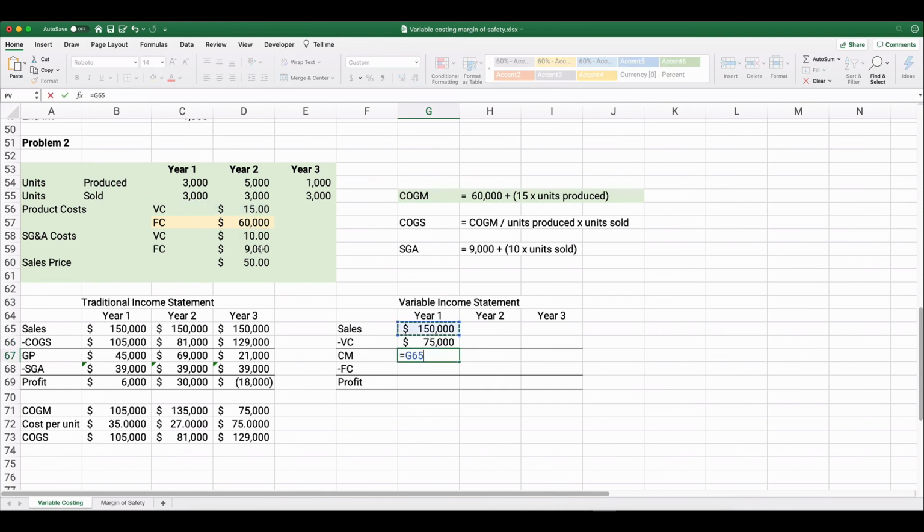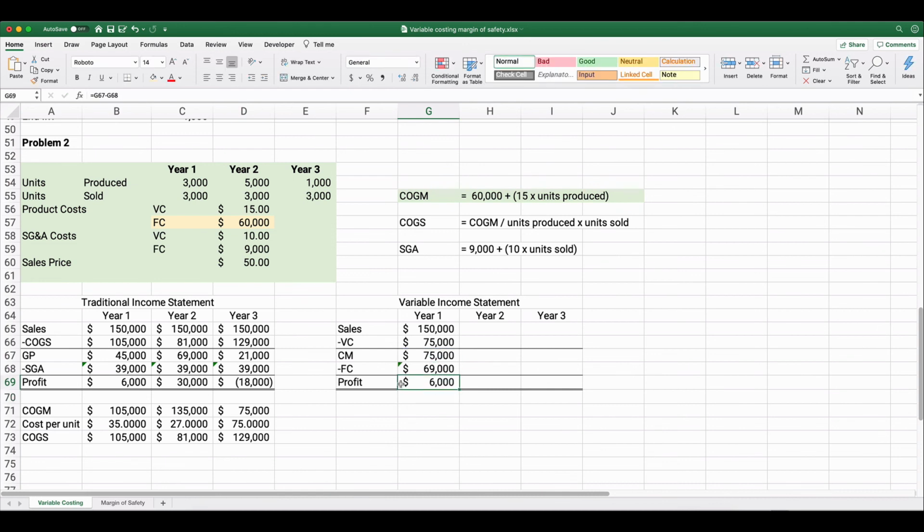Our contribution margin will be 150 minus 75, which is 75. Our fixed cost is just simply going to be the 60,000 plus the 9,000. So that's 69,000, and then we'll take 75 minus 69.